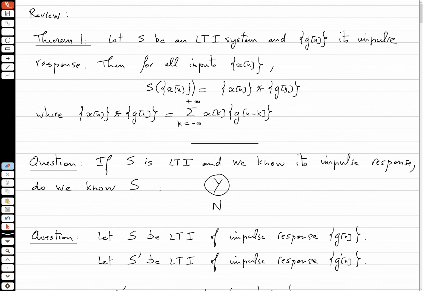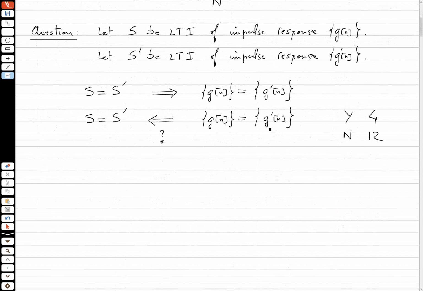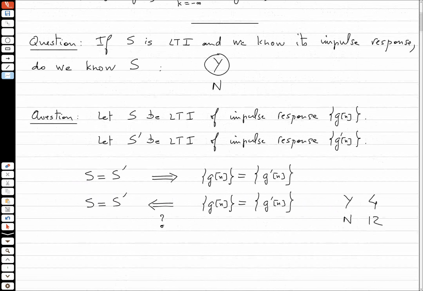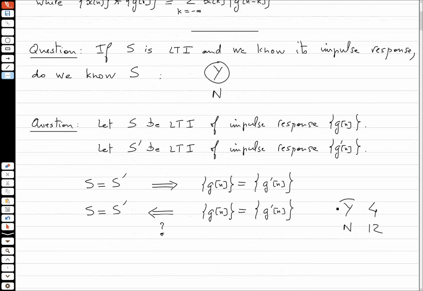But we assume g equals g prime. So you end up having the same formula. S prime of x is x convolved with g also, because g prime is g. So the two systems give the same formula. So obviously, yes.